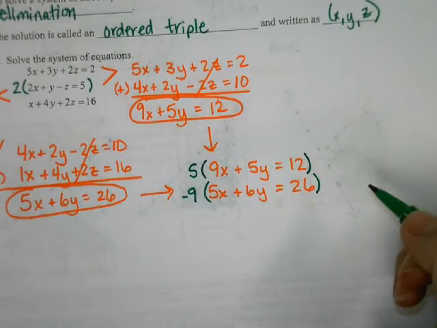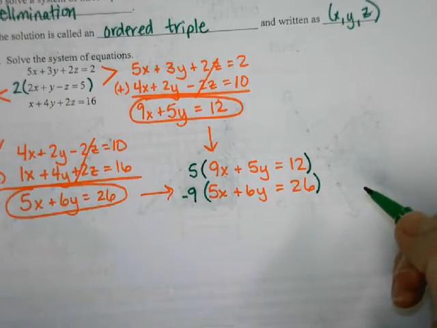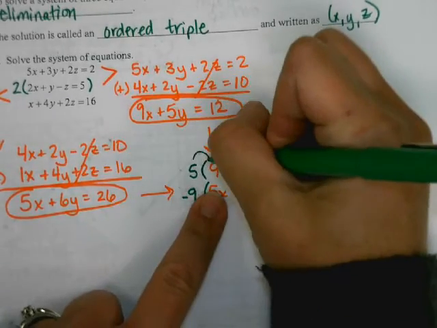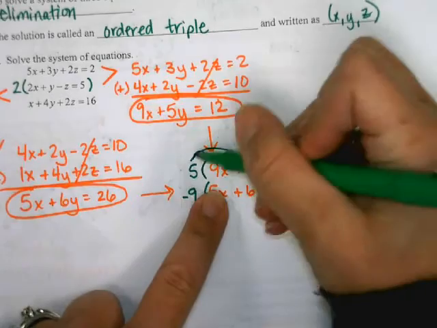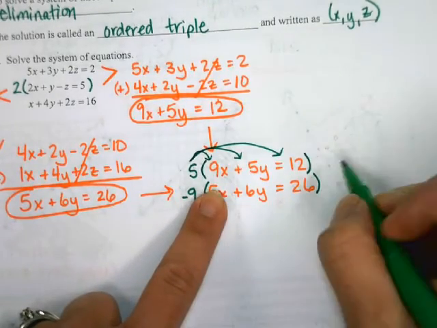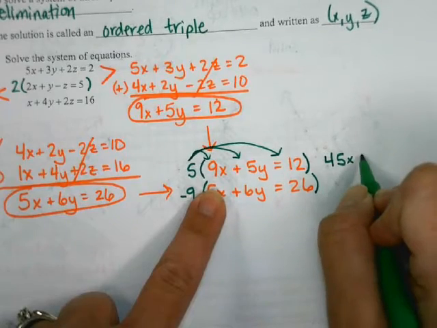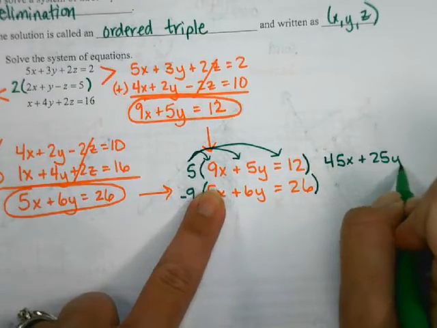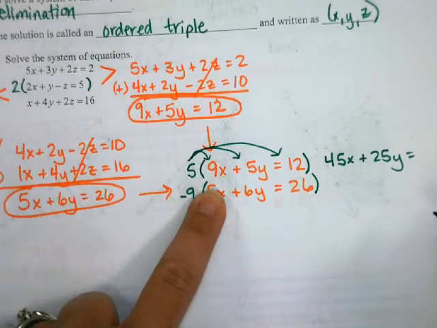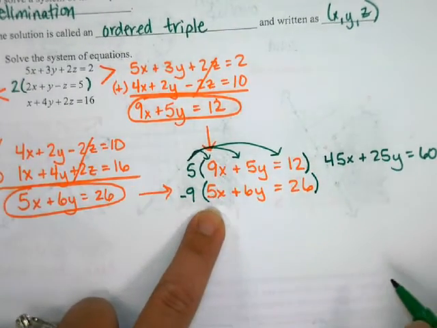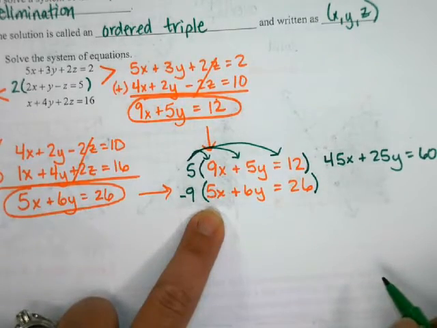Now, like I said, your numbers are going to get big, and that's okay. You got a calculator. Use it. I'm going to distribute a 5 to everybody. So I have 45x plus 25y is equal to 60. This is probably the one where I'm going to need my calculator because I have no idea what 26 times 9 is.